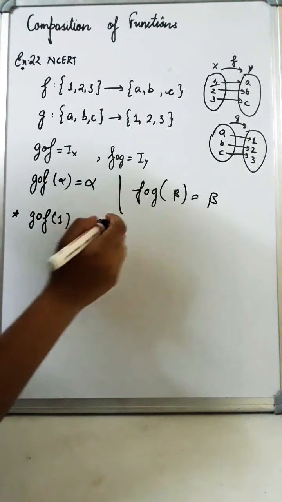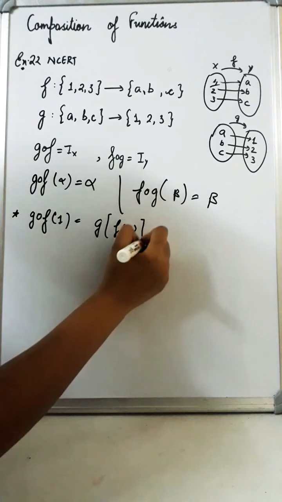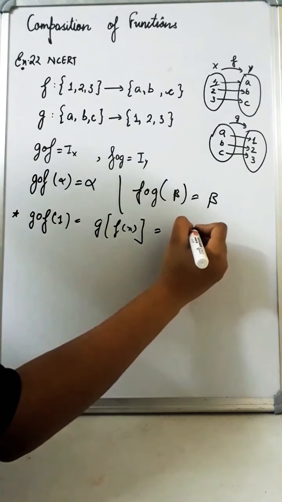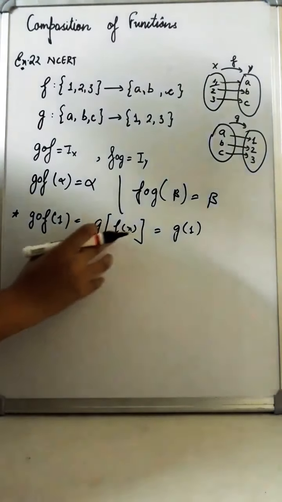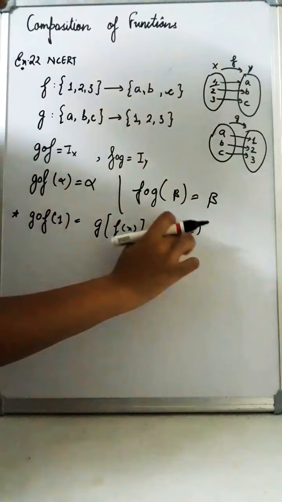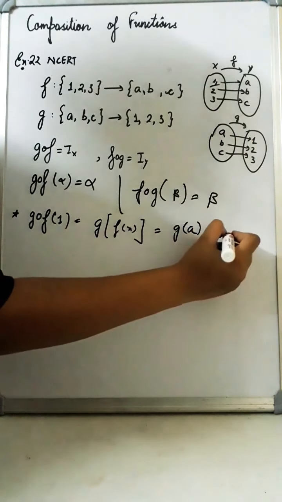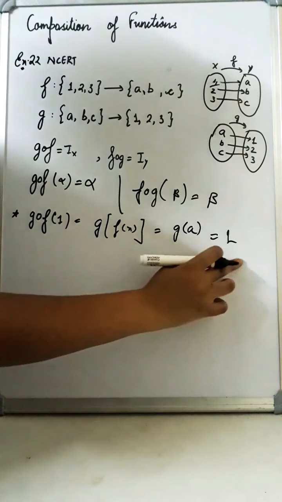So g will be applied on f of x. So it is g of a. G of a is what? 1 only, right? So what did you get? g of f of 1 is 1 only.